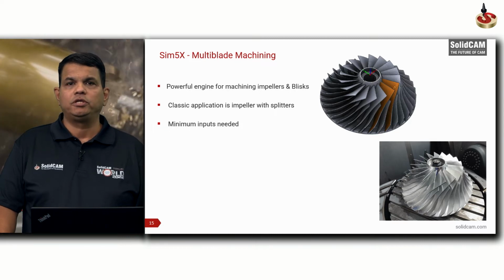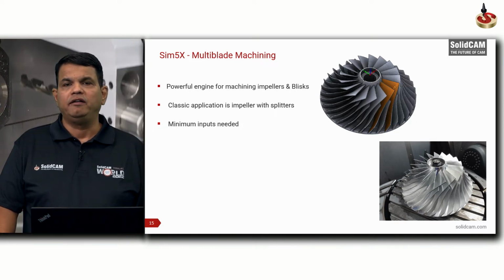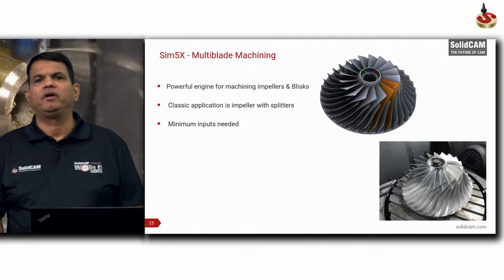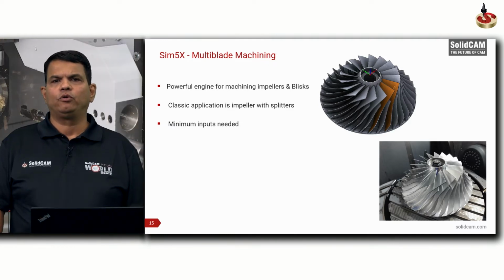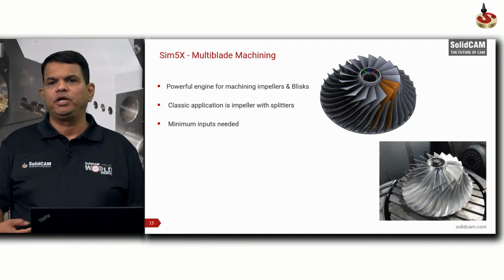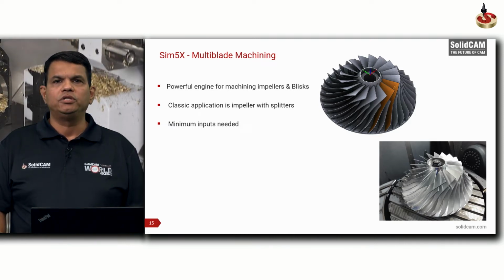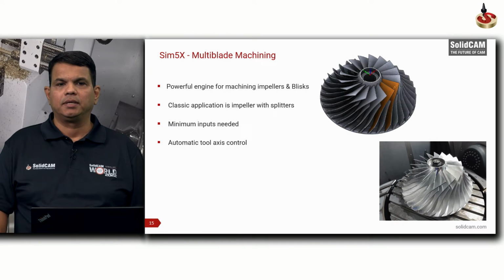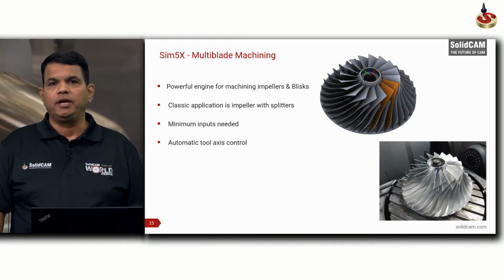Minimum inputs: just define the tool, pick the geometry, define the depth of cut and side step, and you have the toolpath. You don't need to define anything more than that. This module is very popular with users who have just begun programming in 5-axis. Tool axis control is completely automatic.